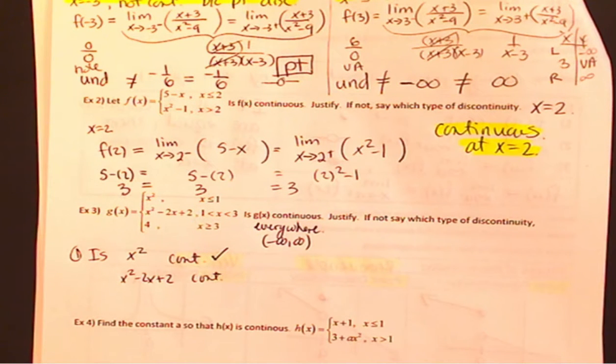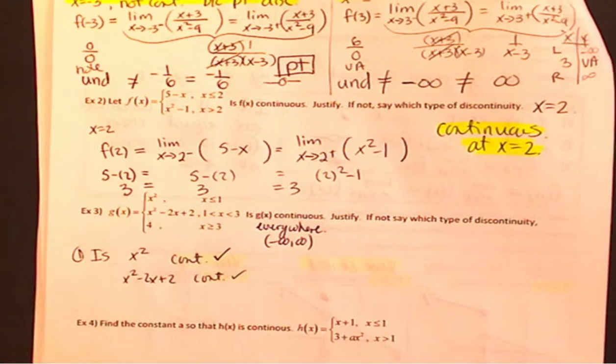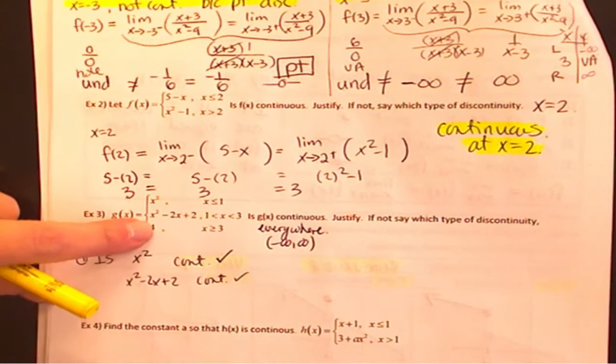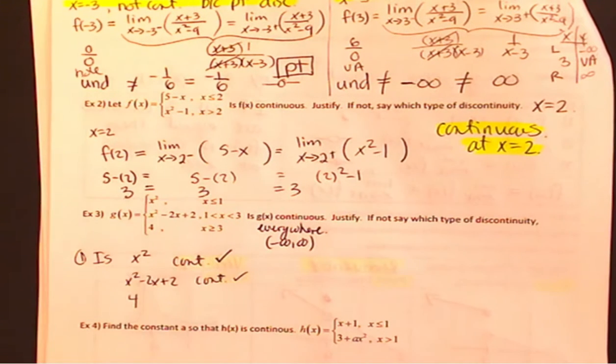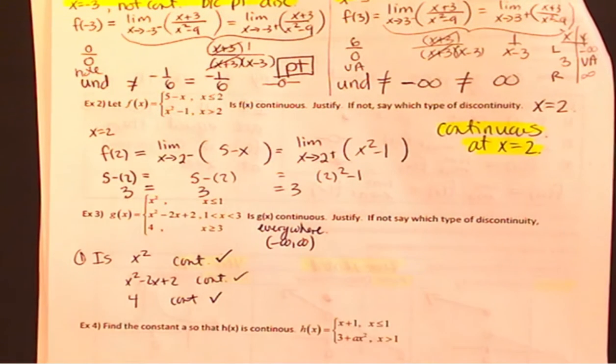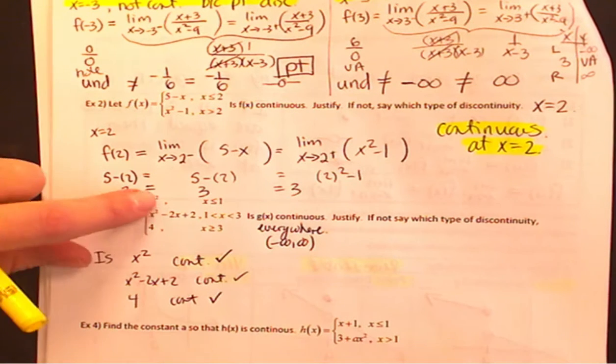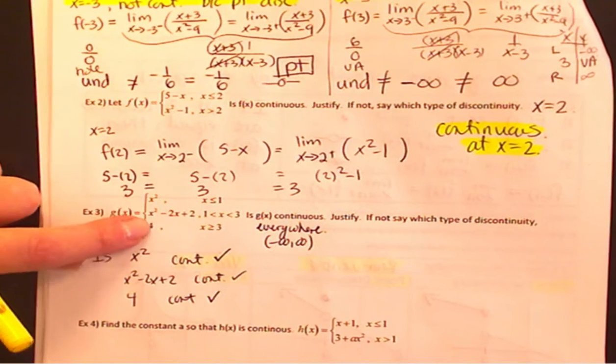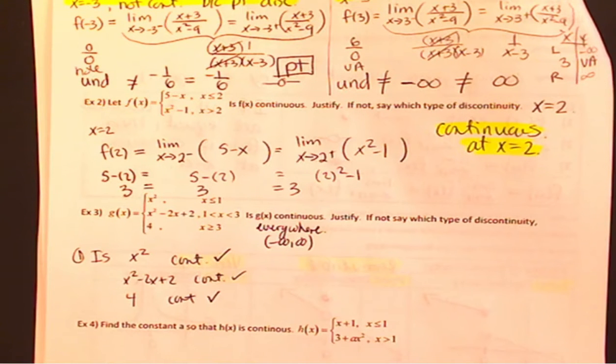Last time I checked, drawing a parabola, you can do that without lifting your pencil. Yes. Is 4 continuous? Do you draw a horizontal line without picking your pencil up? Yes. Okay. I haven't even made it to the continuity definition. All I did is I looked at each of these individual pieces and I was like, yes, I draw them without picking up my pencil.